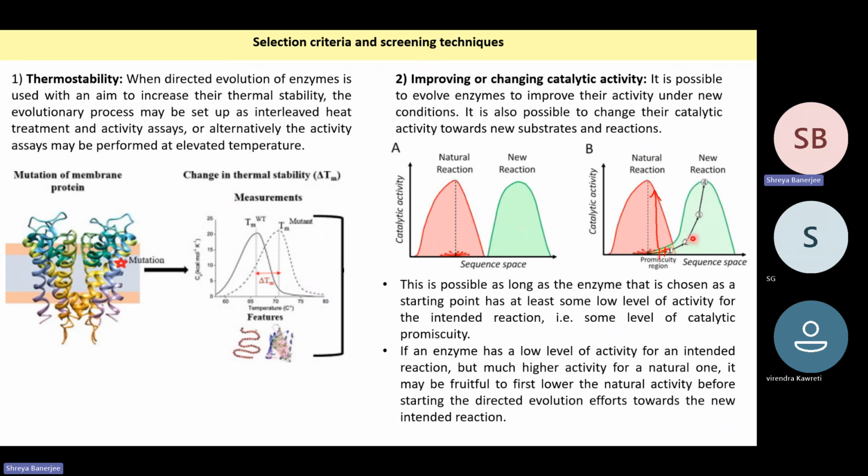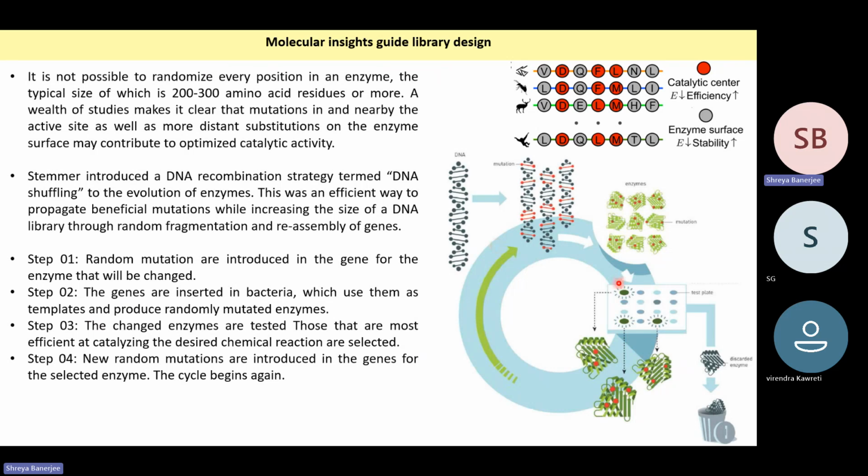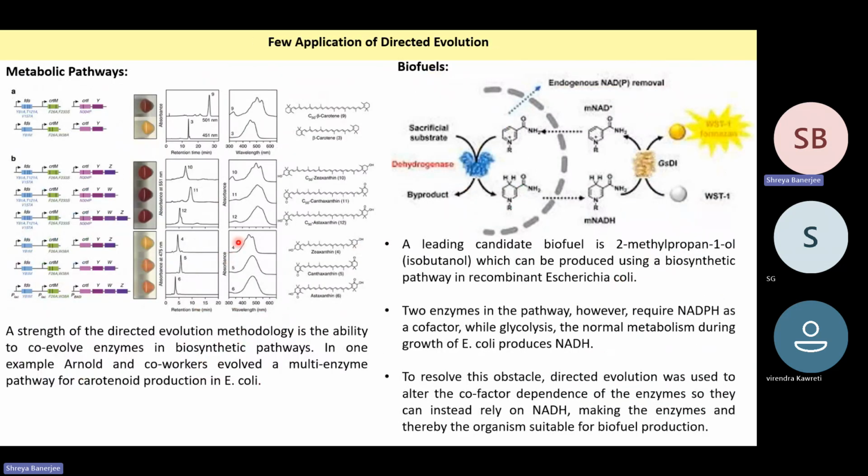While improving catalytic activity, they must have seen that many mutations were giving the same results in carotenoid production. So they found multiple enzymes which can parallelly catalyze this biosynthetic pathway.